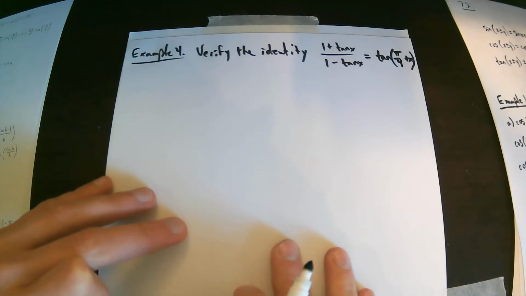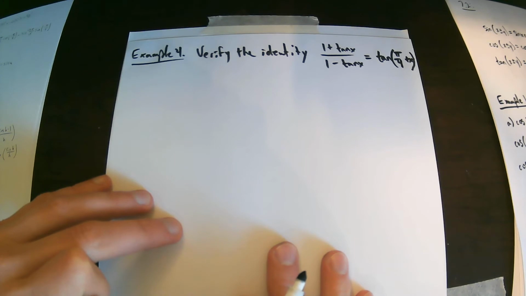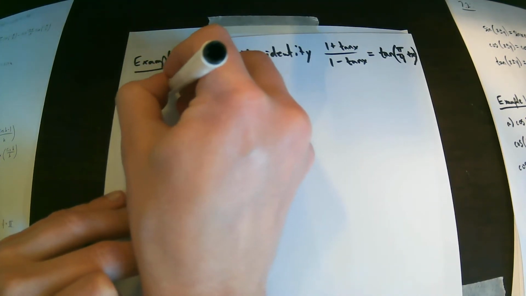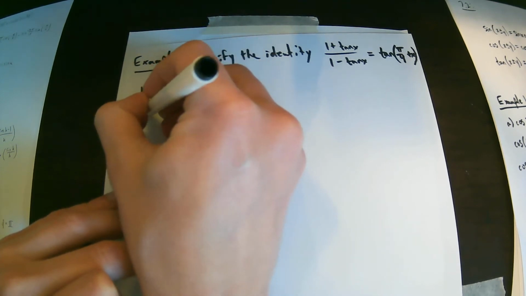Tangent of pi on 4 plus x is what that says. Okay, so let me rewrite it over here so I have some room. 1 plus tangent x over 1 minus tangent x.